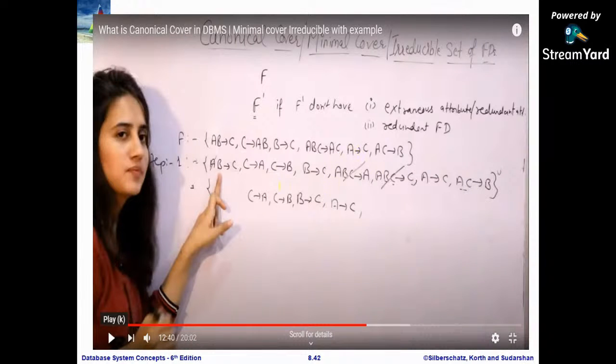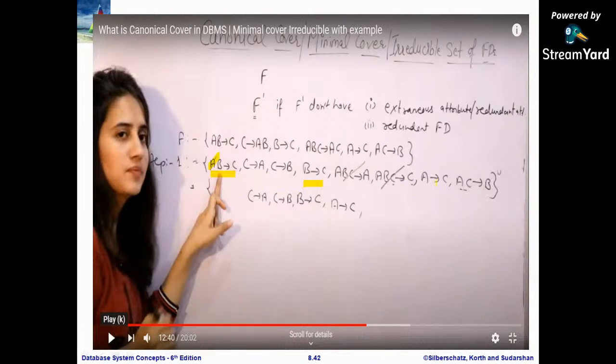Now you have to look at AB tends to C, and you can see B tends to C. Looking at these two functional dependencies, if B can alone determine C, it is not required to keep A. Remove A. So B tends to C will be left.